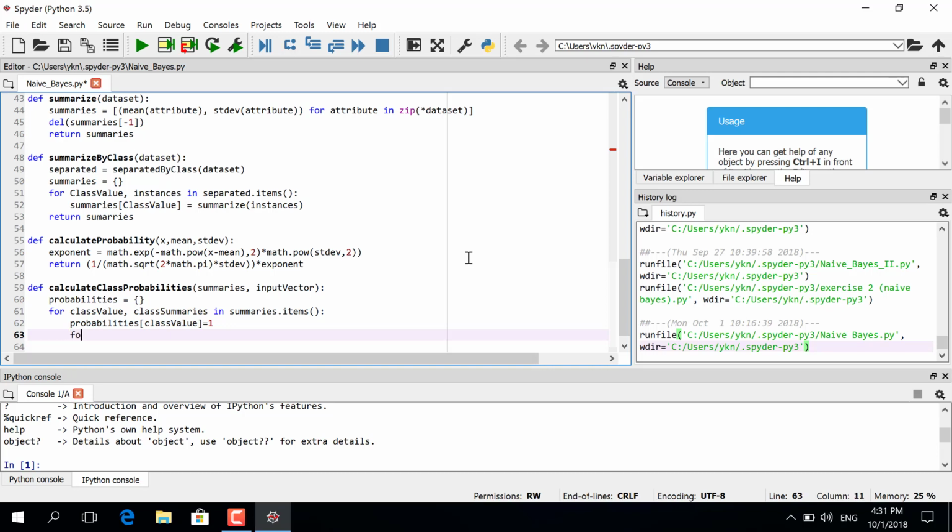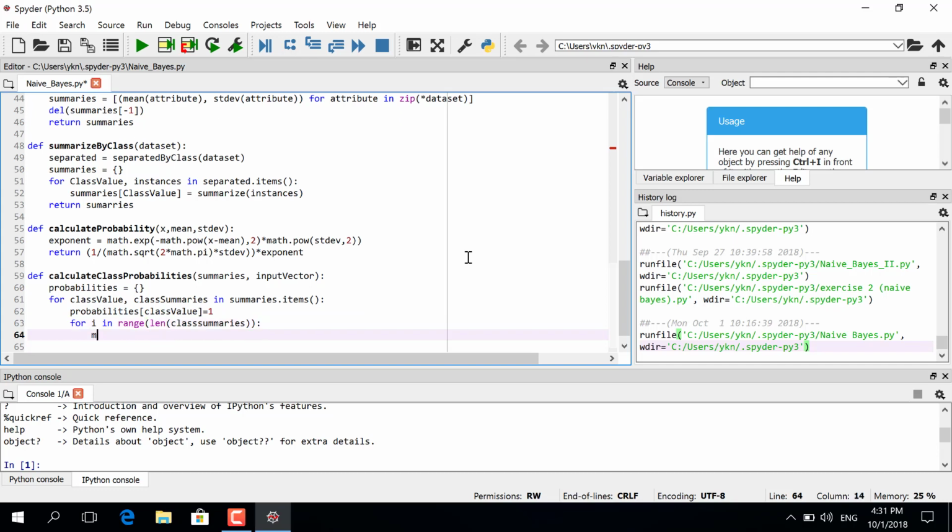So for i in range of length of class summaries, then mean and standard deviation equal to class summaries i.